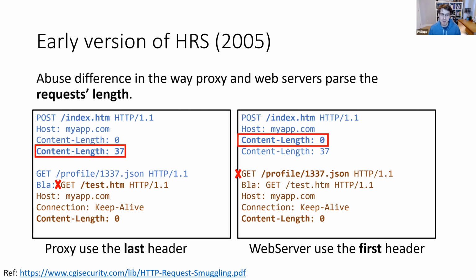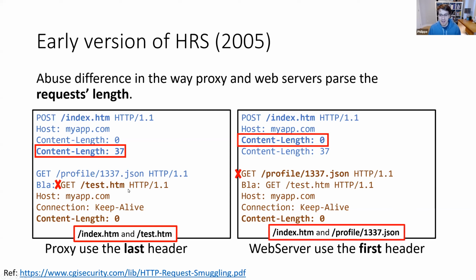And this is problematic because the attacker did this with some intent. The content is different for each of these headers. So the proxies will see that index.htm is being loaded and test.htm. So we can see that the second request starts right after the X in red.